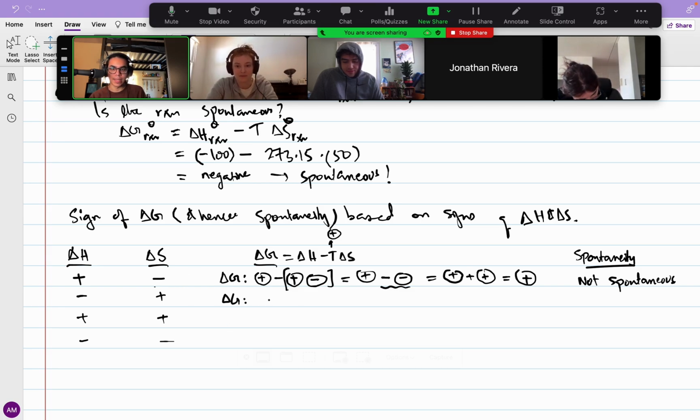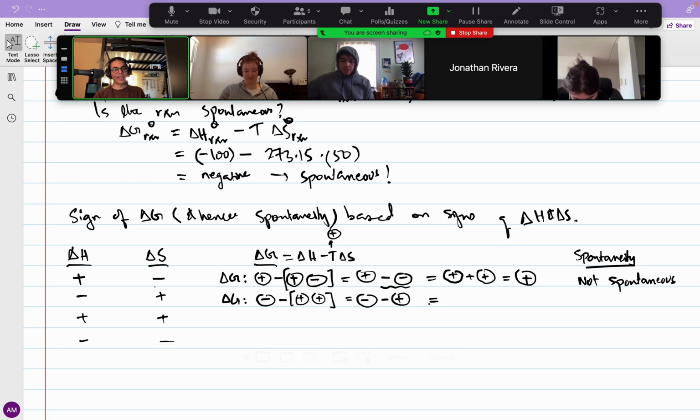Delta G: delta H we've taken to be negative, minus T is always positive, delta S we've taken to be positive, and let's see what happens. So you have a negative number minus positive times a positive, which is another positive. What does this look like? A negative number minus a positive number.